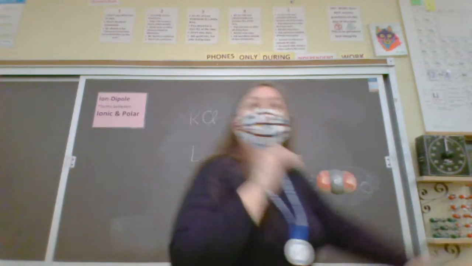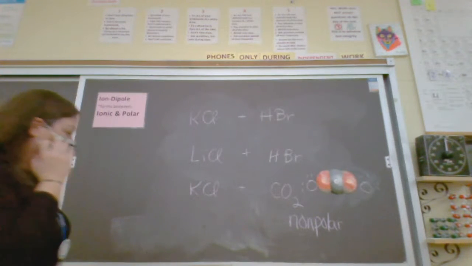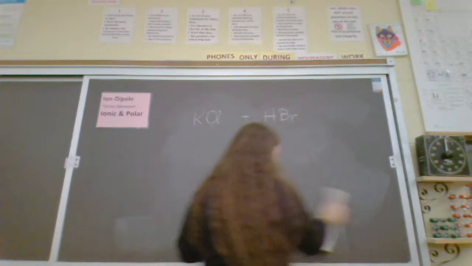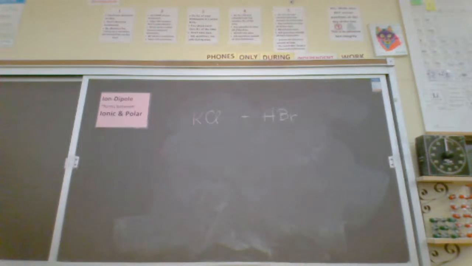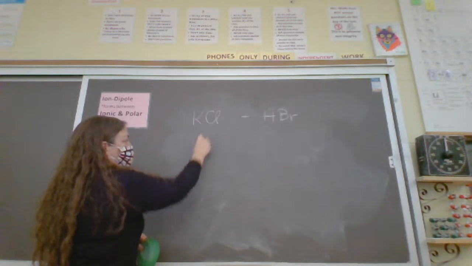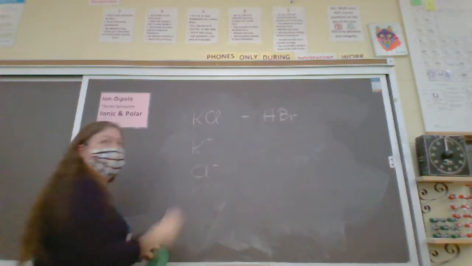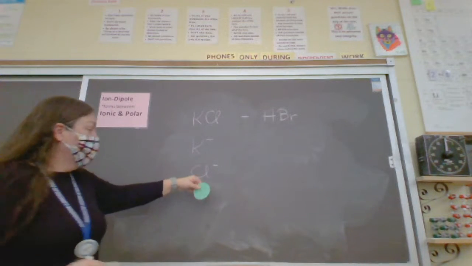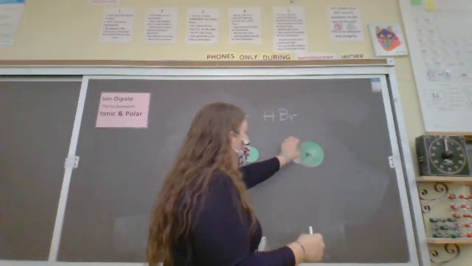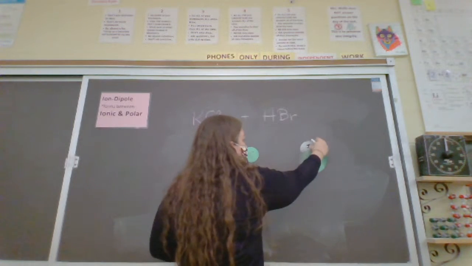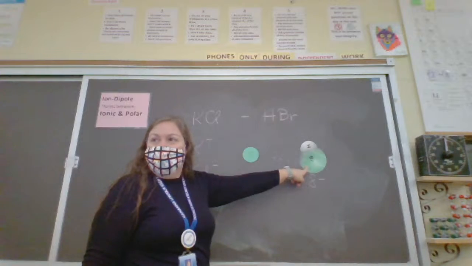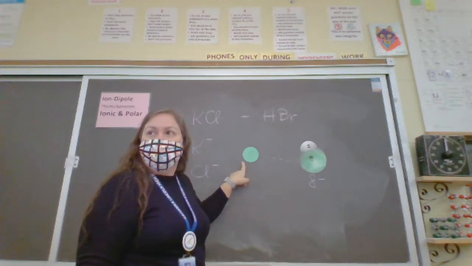When we are talking about ion dipole forces, I'm going to illustrate this first one again here to help us see that force. So let's say that this breaks apart into K positive and Cl negative. And so that is floating around. I'm just going to focus on the K positive though, right? It would attract to, actually let me turn it like this, the negative dipole of the polar compound because it's positive.